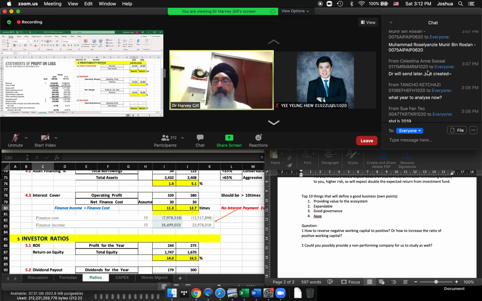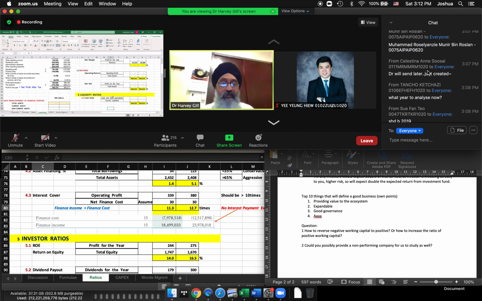Total assets come from the balance sheet or statement of financial position. So you see my template, the moment I put in revenue, wherever there is revenue, it copies it automatically. Because I already put in the formulae for you.